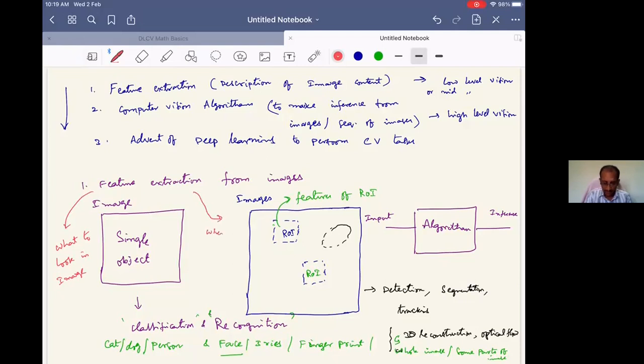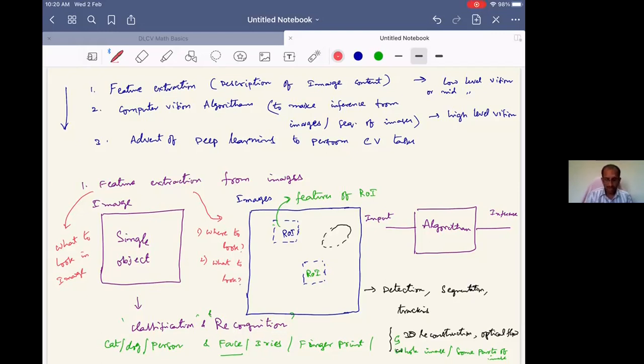First question is where to look. You understand, right? Where to look means: look at the whole image or a region of interest. Right. Where is your region of interest? That is the first question. Second question is what to look there. Okay. So this is the process of feature extraction.